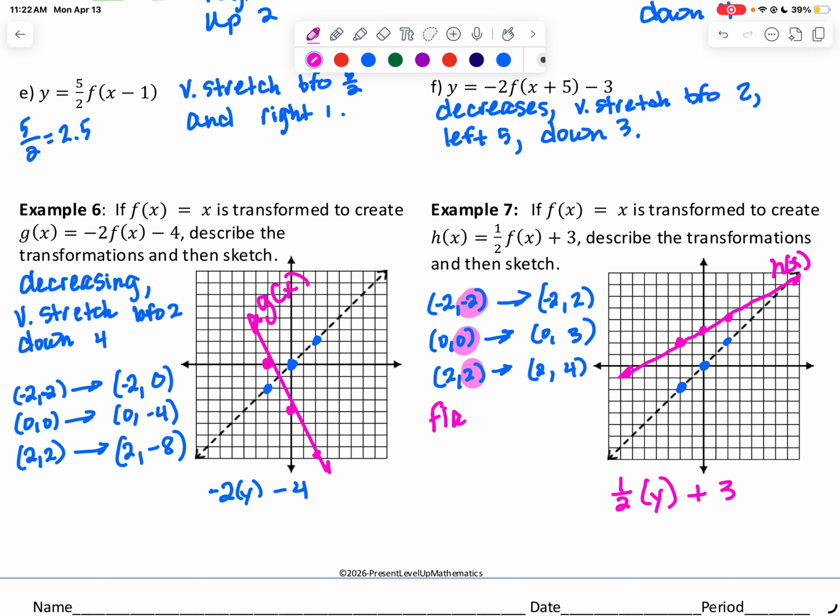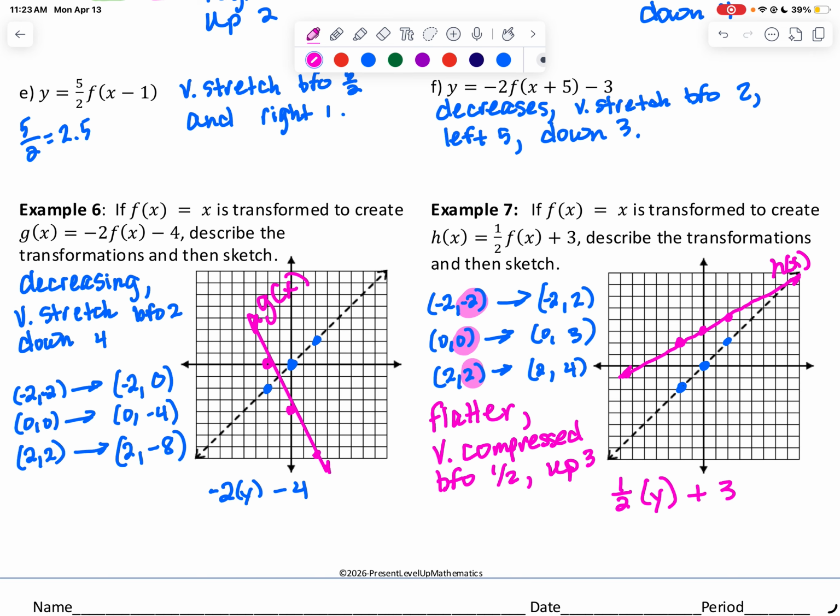I'll write this down. It was vertically compressed by a factor of 1/2 and then shifted up 3 units.